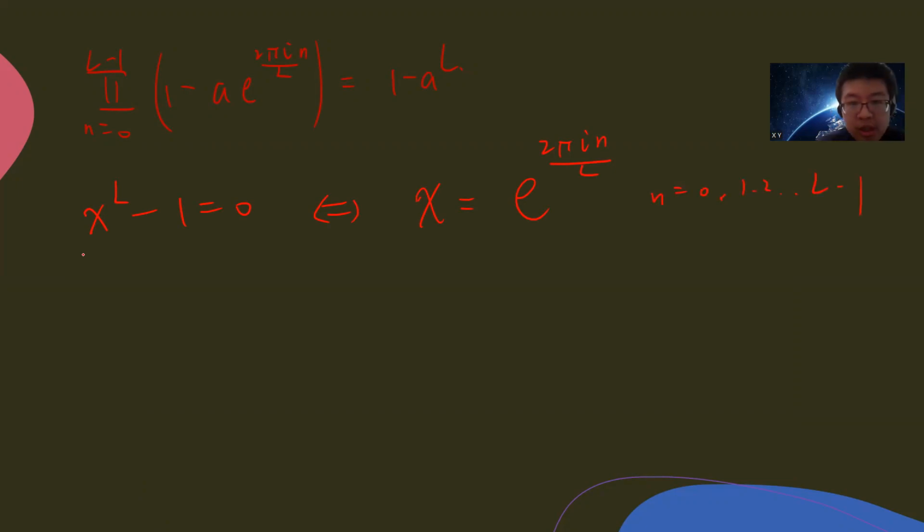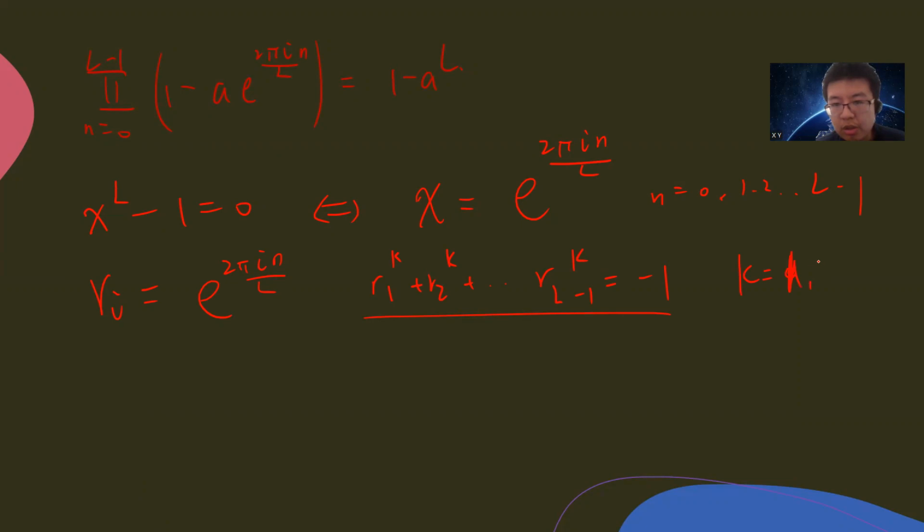Now let's call r_n the exponential of 2 pi i n divided by L. From Newton's identities for the polynomial, the sum of r_1 to the k, r_2 to the k, up to r_(L-1) to the k will be minus 1, for k from 1 up to L minus 1. For k equals 1, we get r_1 plus r_2 up to r_(L-1) plus 1 equals 0, because for n equals 0 we get 1, and all roots should sum to 0.